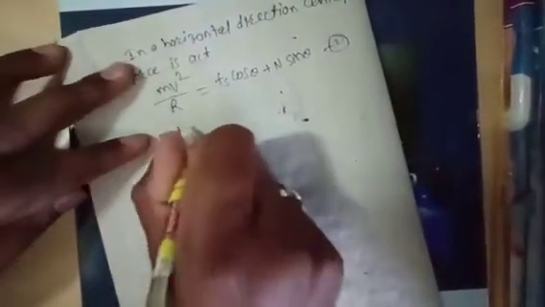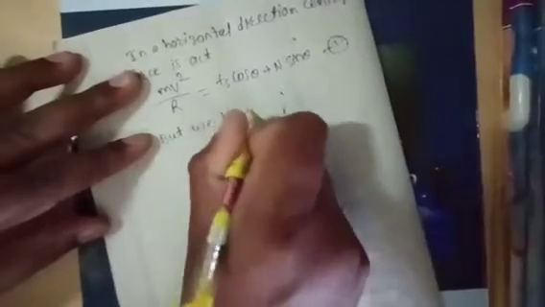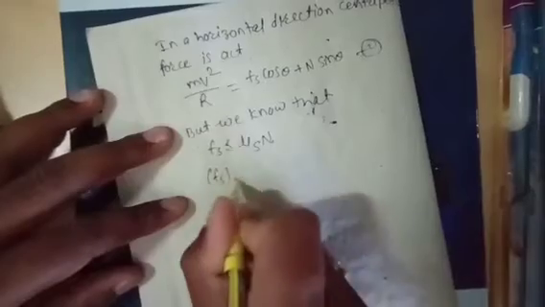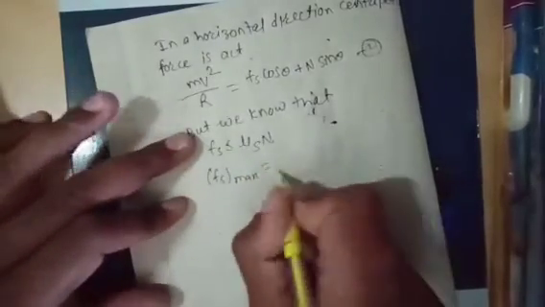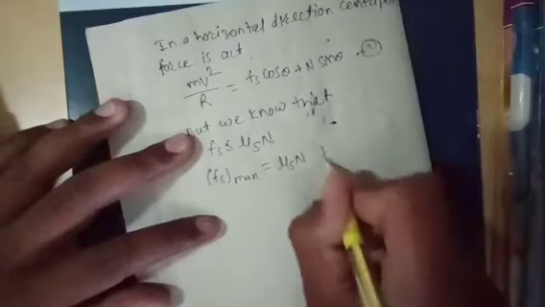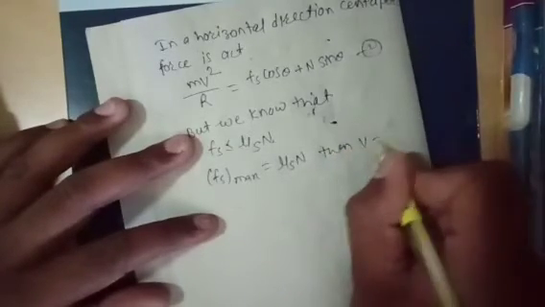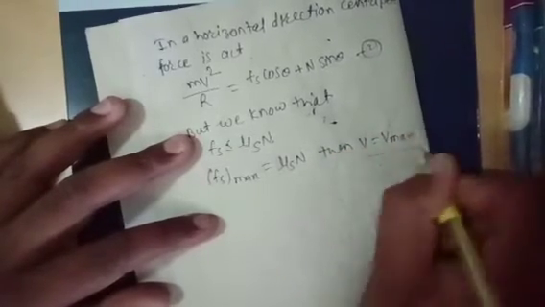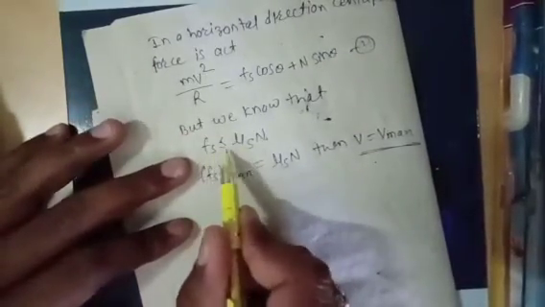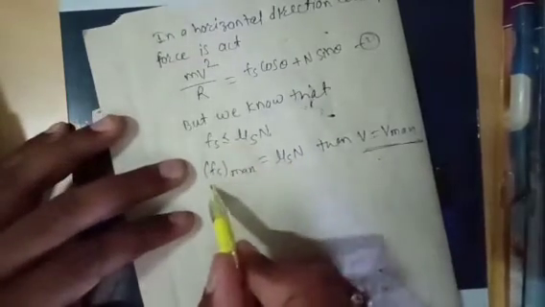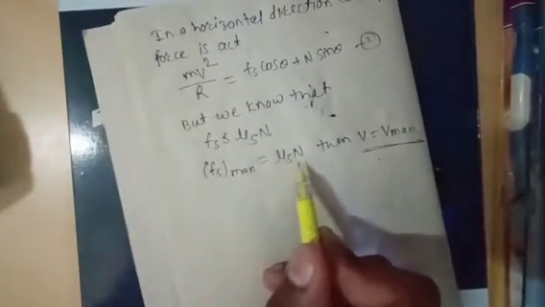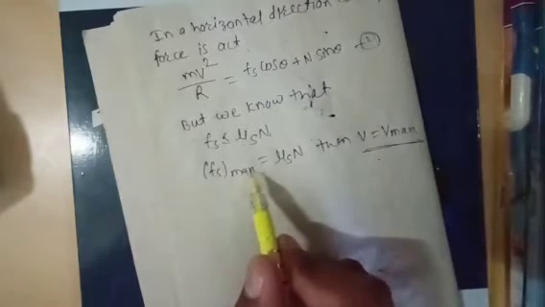But we know that static friction is less than or equal to mu s into N. Therefore, the maximum static friction is equal to mu s into N. When is the maximum static friction present?